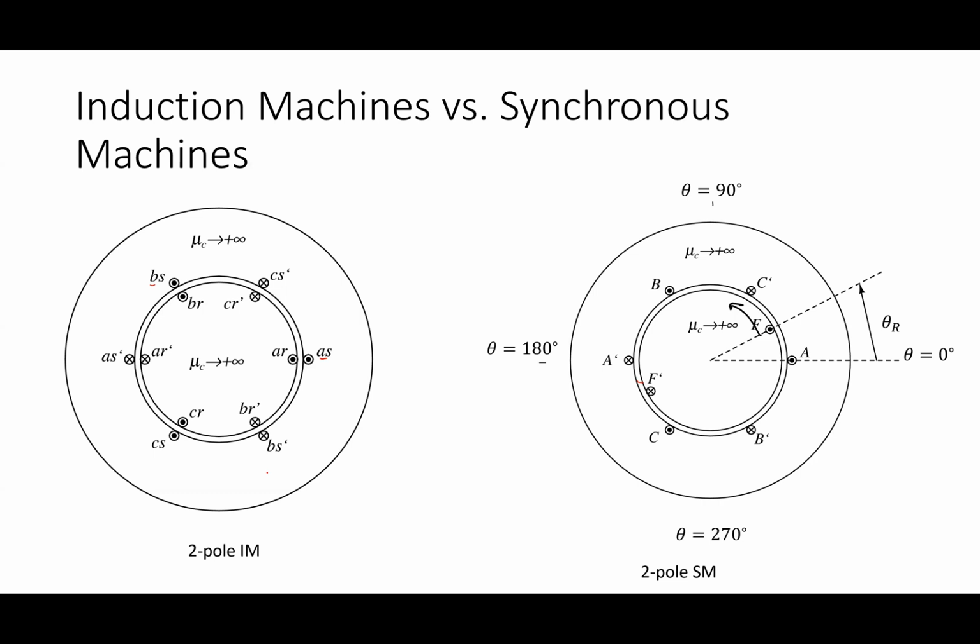Well, yeah, synchronous has that F coil, right? And it only has that one coil on the rotor. What about on the induction machine? It's a three-phase winding. Now, very often it doesn't actually have a three-phase winding. What it has is a cage, but it acts like it is a three-phase winding. Some induction machines really do have a three-phase winding. Either way, it acts like it has a three-phase winding, so we're going to model it that way. All right, so those are our two pictures.